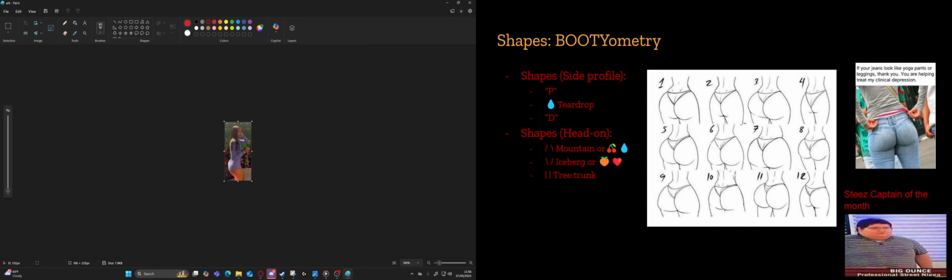As you can see, we got a lot going on up here. Easily identified as a D shape, right? The most common shape. I don't have a good example of her looking head on, but that's a very good example of what a D shape would look like. It's a very common shape.